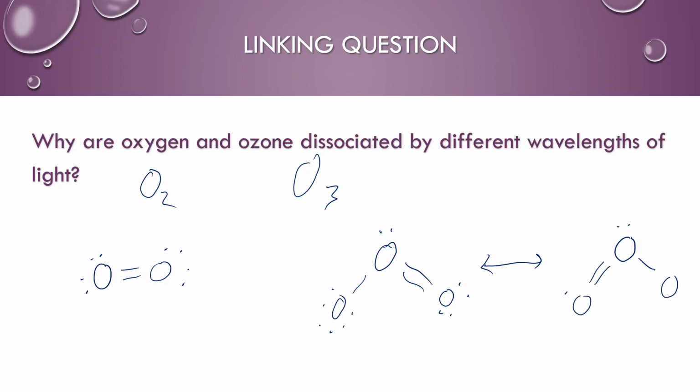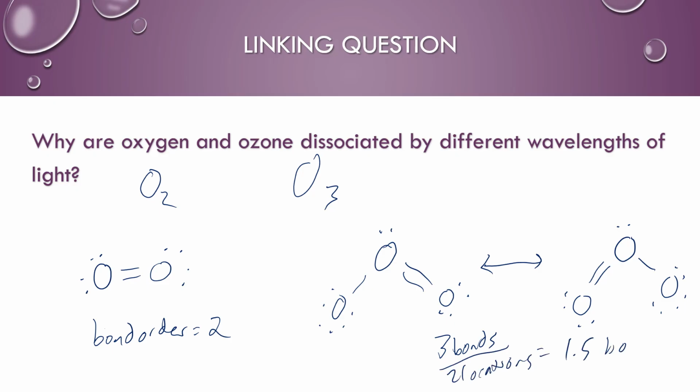Ozone might be one of those ones that you just kind of remember the resonance structures for because it pops up so frequently. So in O2, it definitely has a bond order of 2. Whereas in ozone, there are 3 bonds in 2 locations. So my bond order is 1.5.